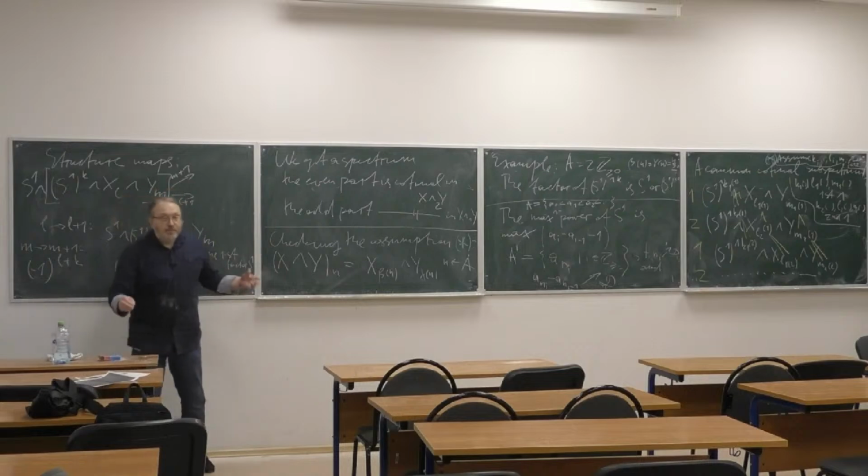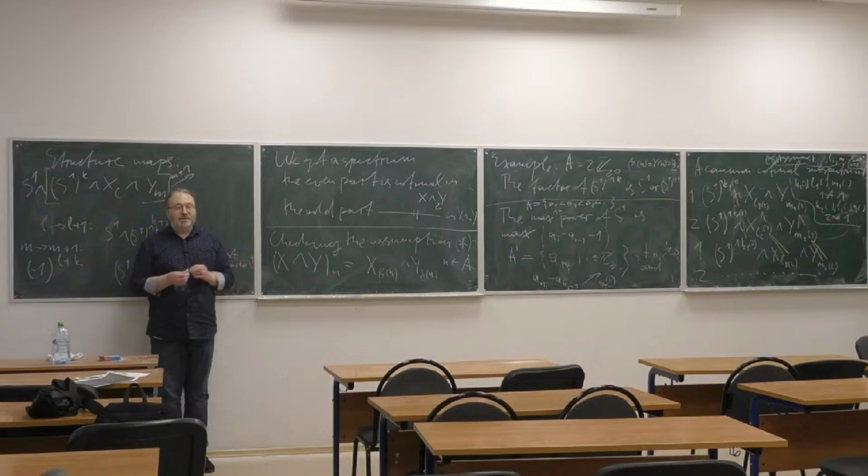And now we can at least define the associativity and commutativity and the identity morphisms in the homotopy category. And my claim is that all axioms of the symmetric monoidal category are satisfied.